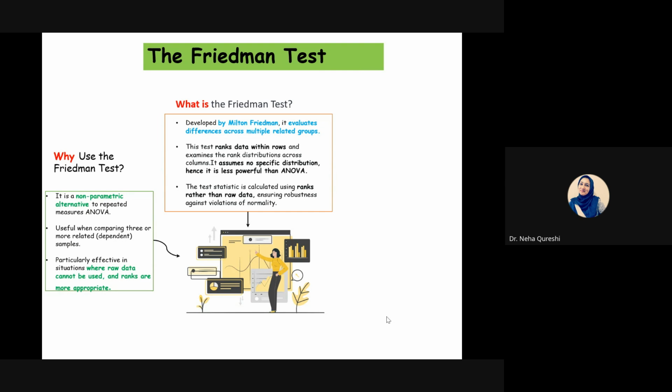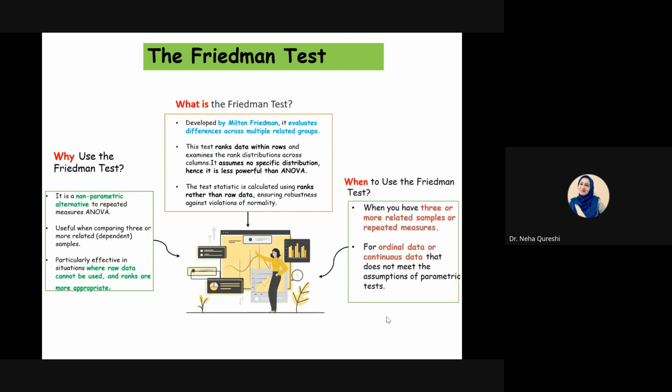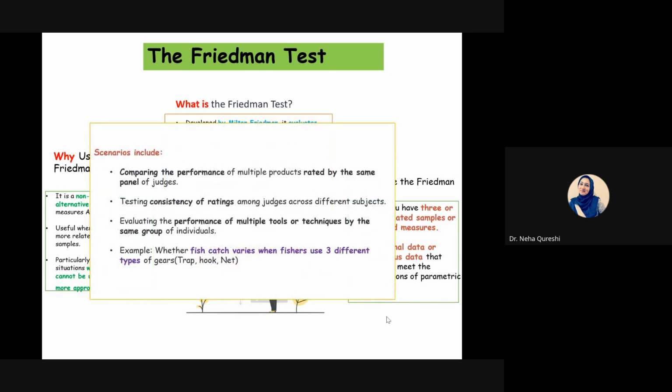That time the Friedman test is most commonly used, say comparing the performance of multiple products rated by the same panel of judges, testing consistency of ratings among judges across different subjects, or you want to evaluate whether fish catch varies when fishers use 3 different types of gears.